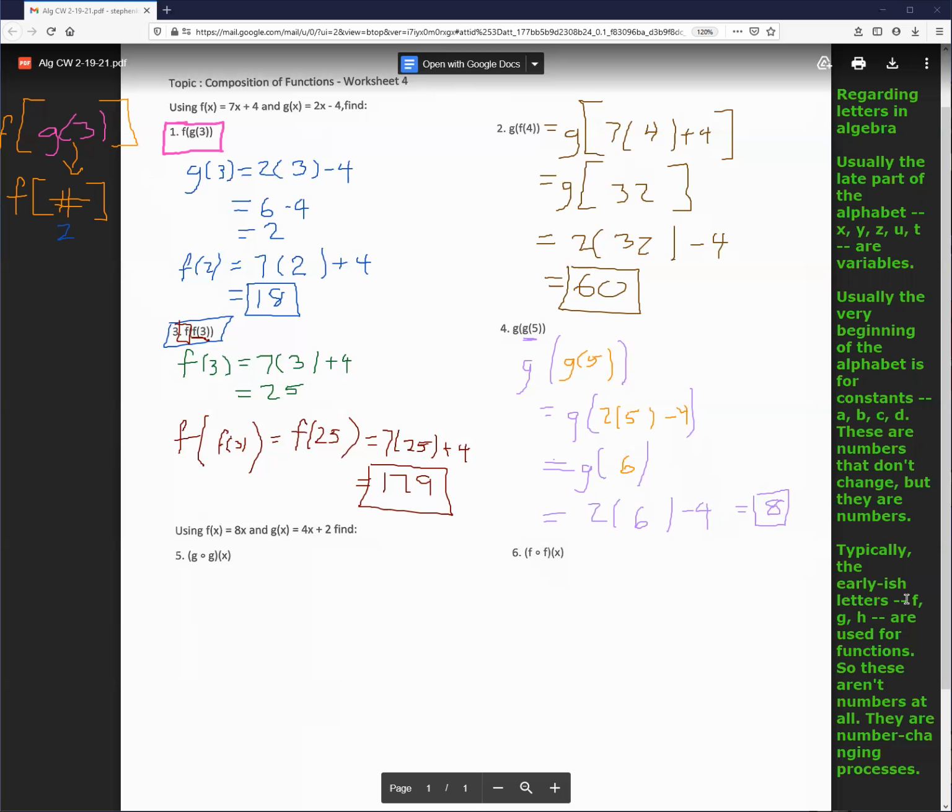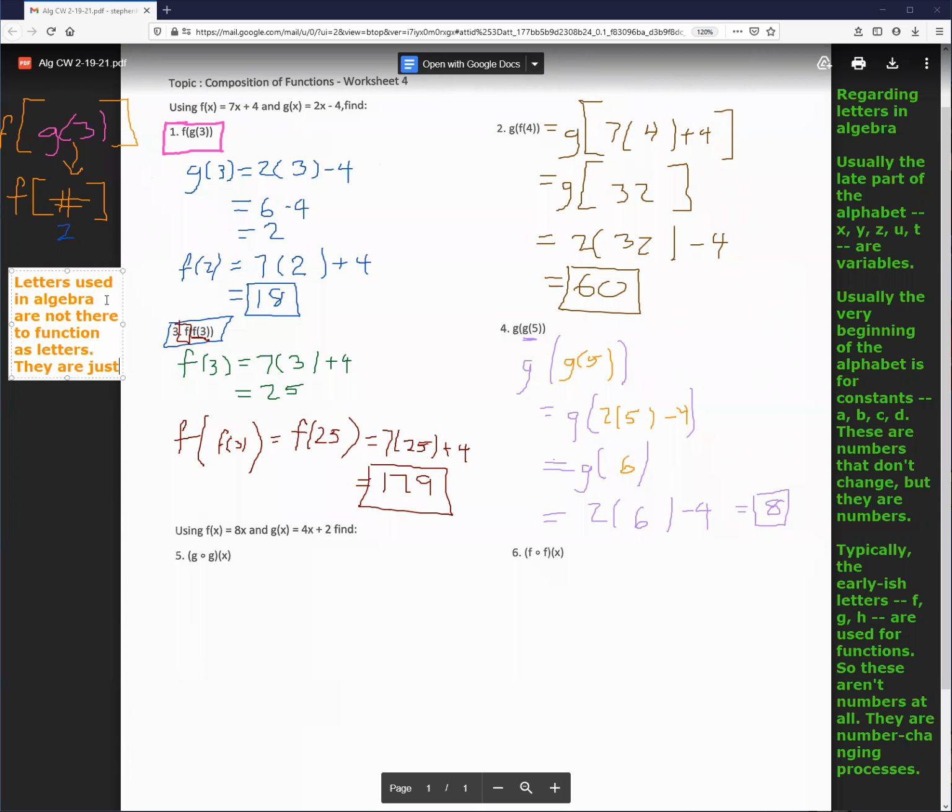So one of the things that can often get people confused with these problems is that they go, letters, all kinds of letters, I don't understand what's going on. Why doesn't g parentheses 5 mean g times 5? And it doesn't mean g times 5, it means apply 5 to a process that we called g. So one of the things that we have to remember about algebra is that letters used in algebra are not there to function as letters.